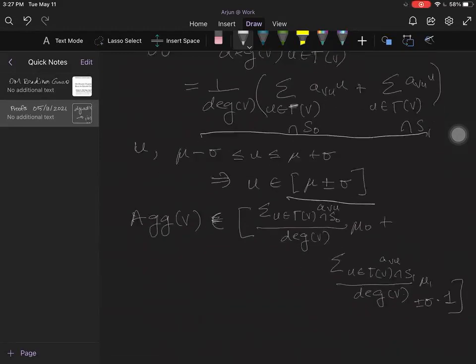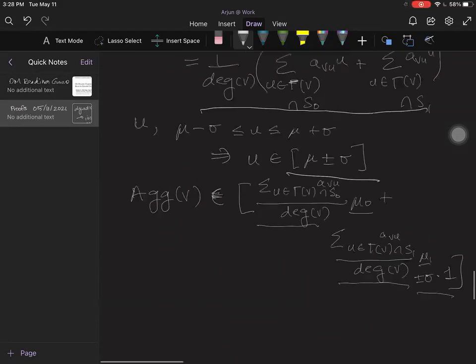We're writing it in this bracket format, which gives some information about the deviation of any of these aggregations with respect to the averages of the original vertex representations themselves. We're just doing this weighted sum, this fraction times mu0, and this fraction of the link weights out of the total degree of the node times mu1, and we have this deviation here of sigma.